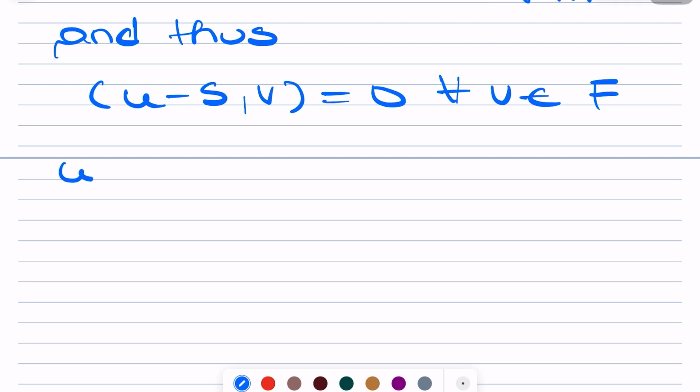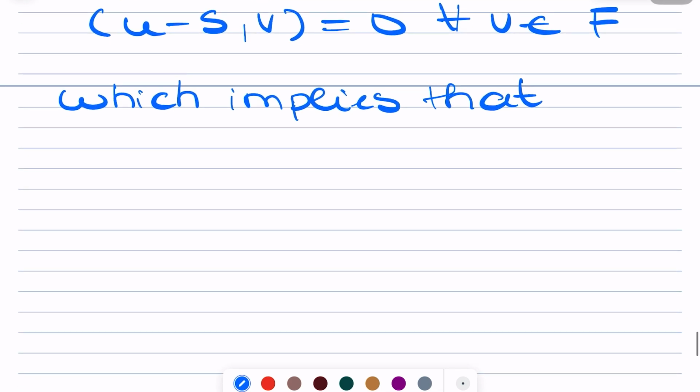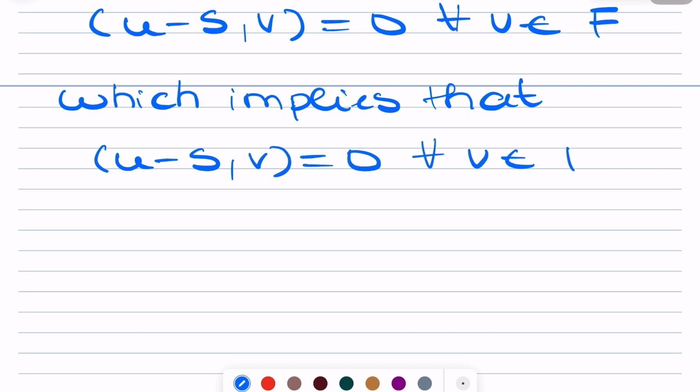Which implies that this minus this, comma v, is also equal to 0 for every v in the closure of F, right?